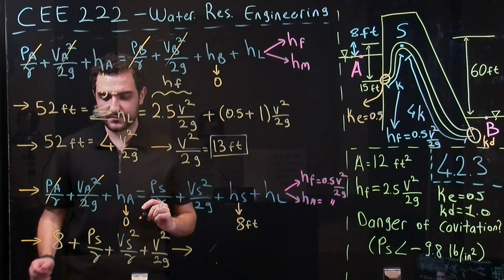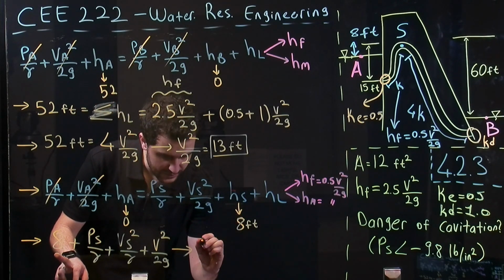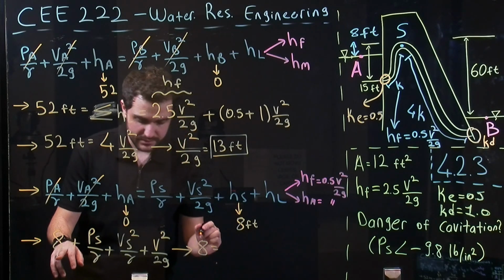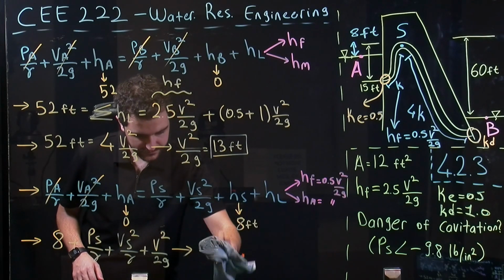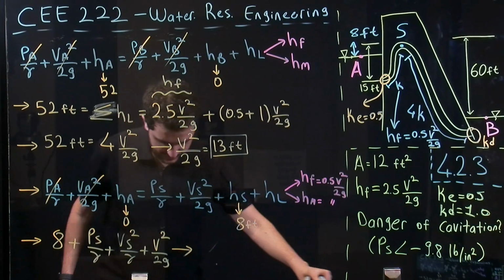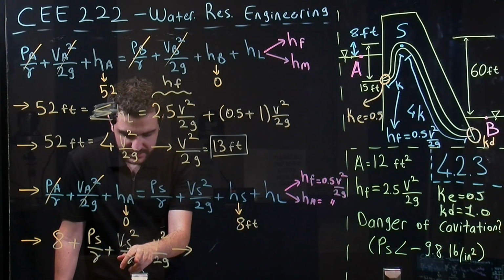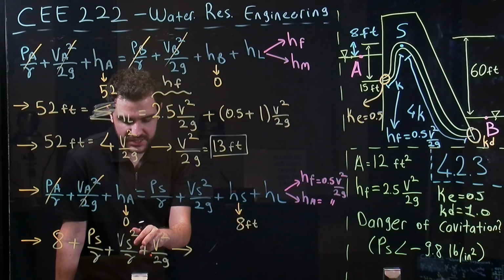So from that we can get minus 0 is equal, from that we have 2v square over 2g.